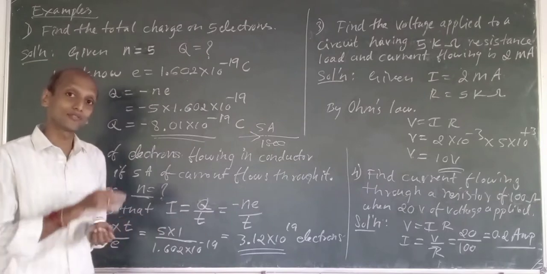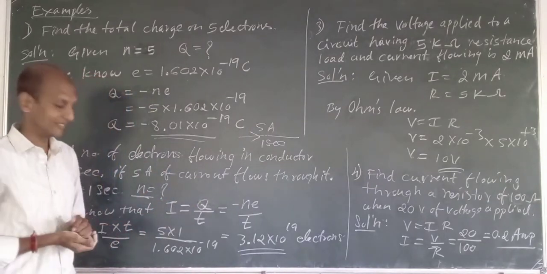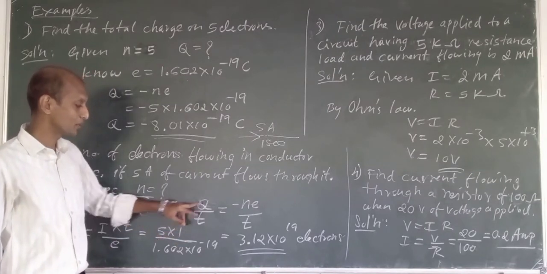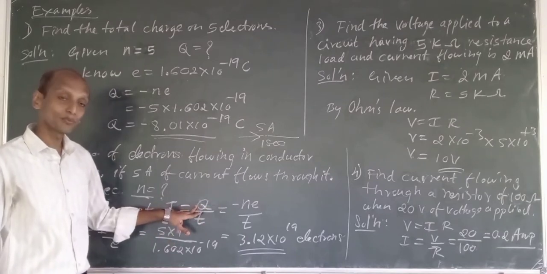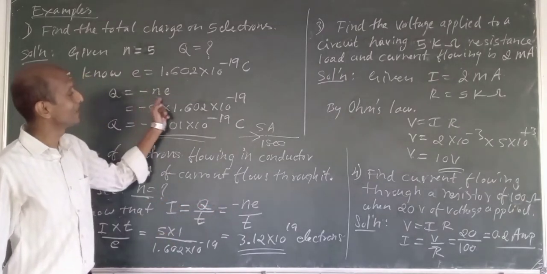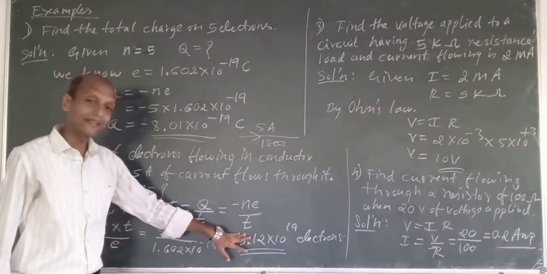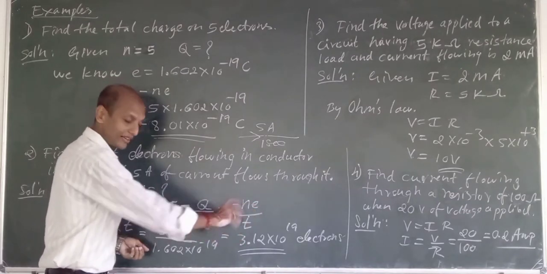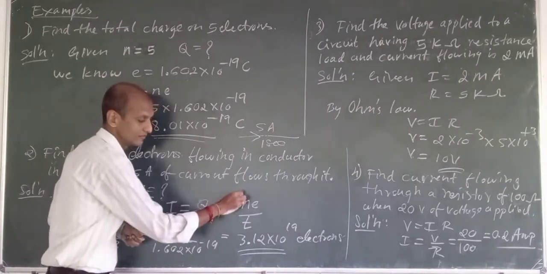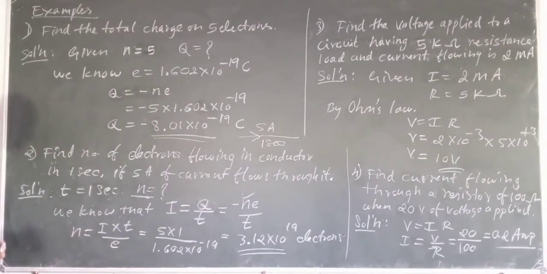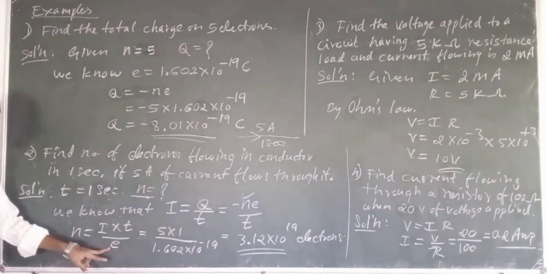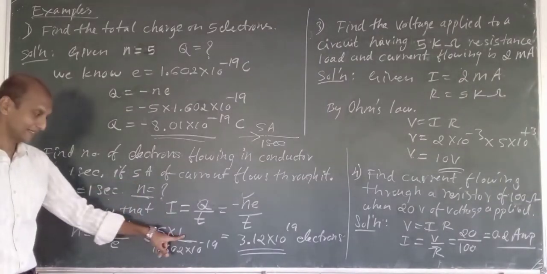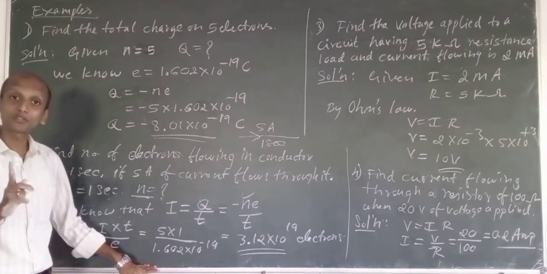So that tells how much current is flowing through the conductor. Now the rate of flow of charges is equal to current, so I is equal to Q by T. Q is equal to -Ne, so I is equal to -Ne divided by T. If I rearrange, I get the equation for N: N is equal to I × T divided by E. That is 5 × 1, where 5 is the 5 amperes of current and time is 1 second, divided by E, the charge on 1 electron.